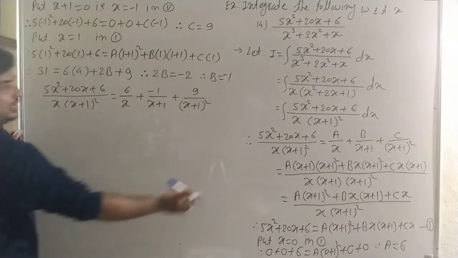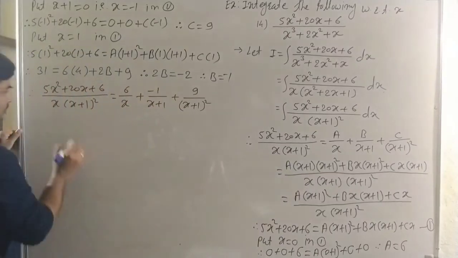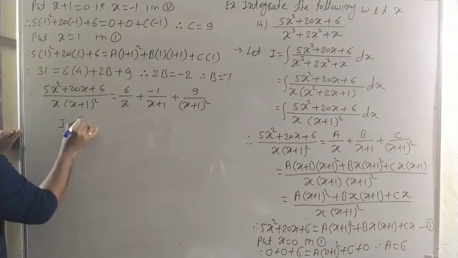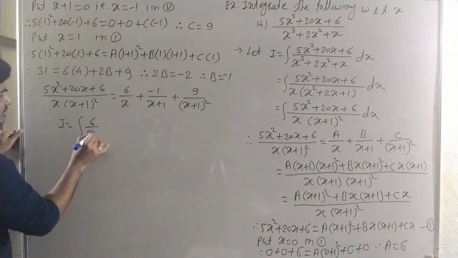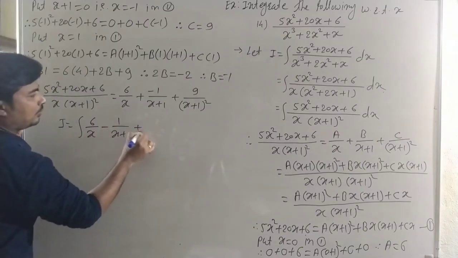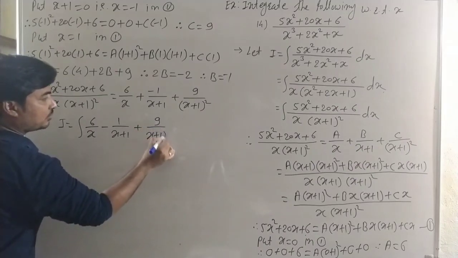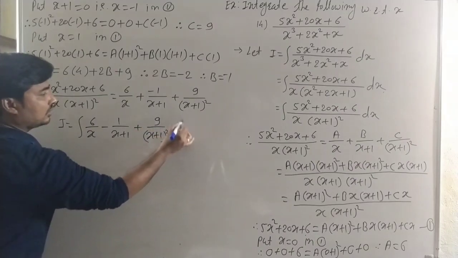Now find the integral of this term. That means this is replaced by this partial fraction form, and therefore the integral is equal to 6 upon x minus 1 upon x plus 1 and plus 9 upon x plus 1 whole squared dx.